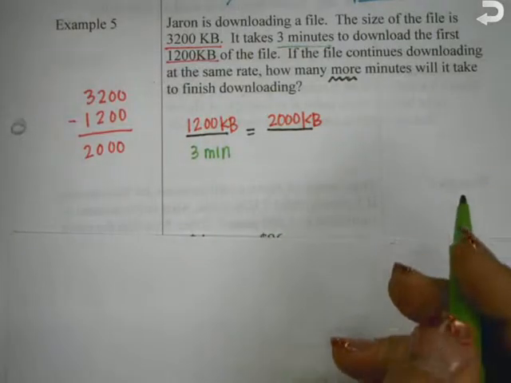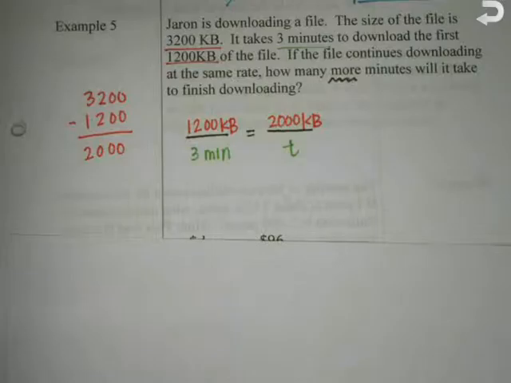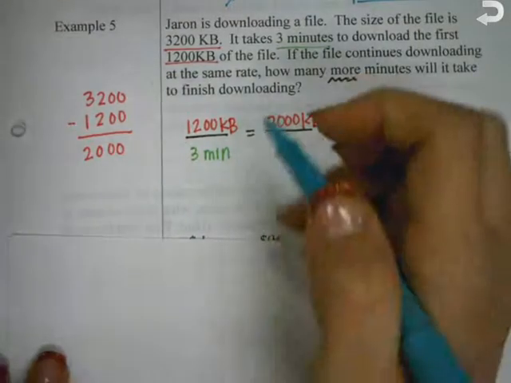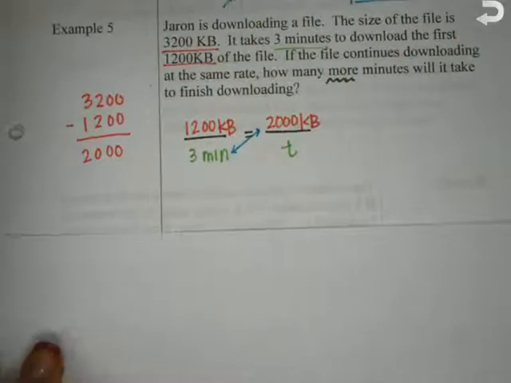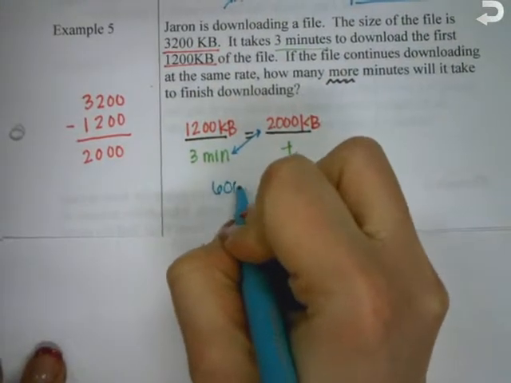Okay, so to solve, what do I need to do? I need to use cross products. So we have 3 times 2,000. What does that give me? That gives me 6,000 equals 1,200 times t, which gives me 1,200t.